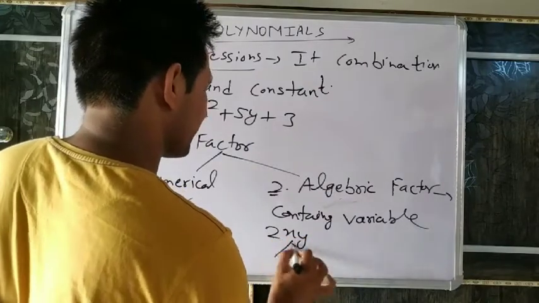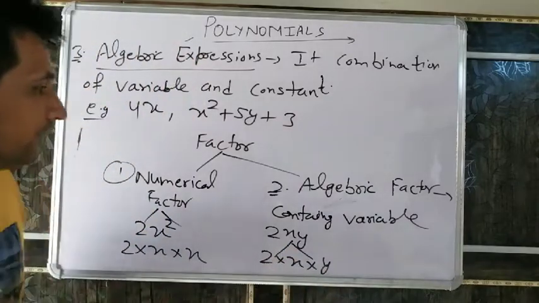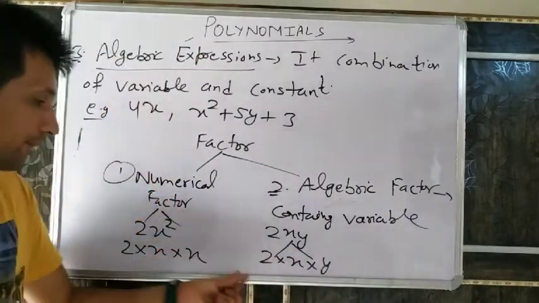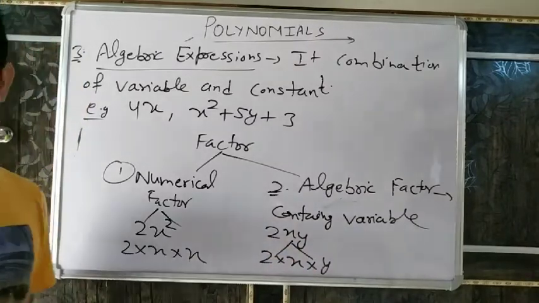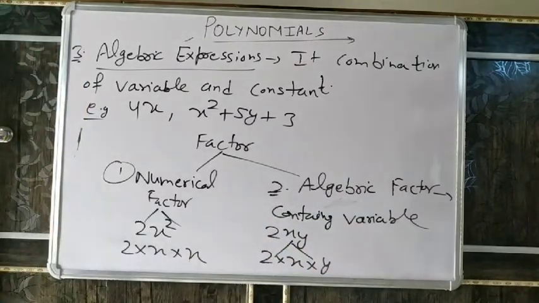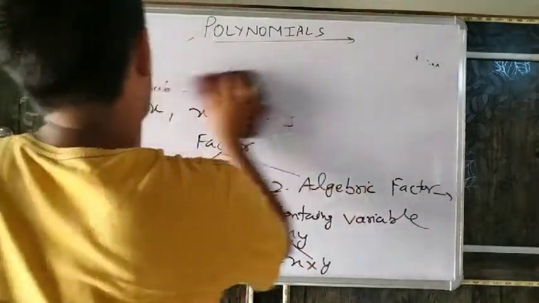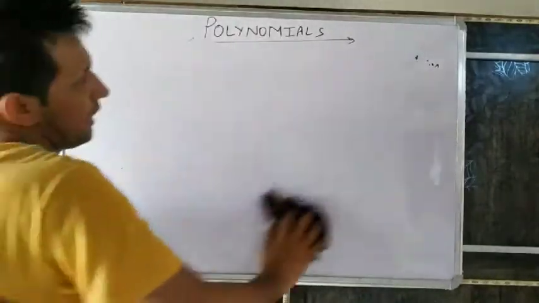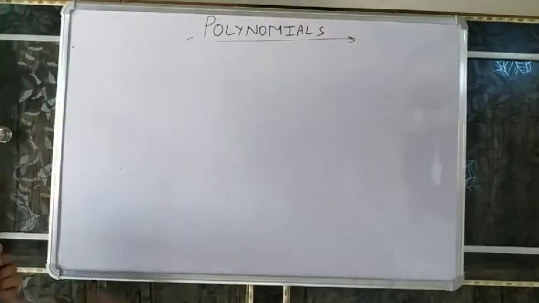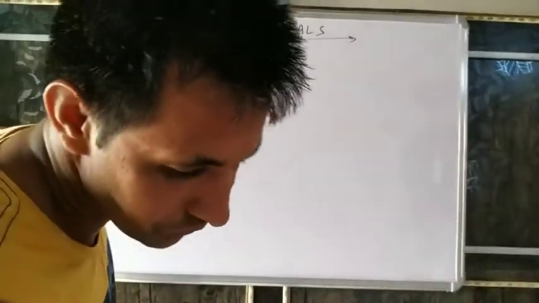What are its factors? 2 multiply x multiply y. So 2 is the numerical factor and x and y are the algebraic factors. Understand? These are only basic terms. The most important is algebraic expression, a combination of variable and constant.